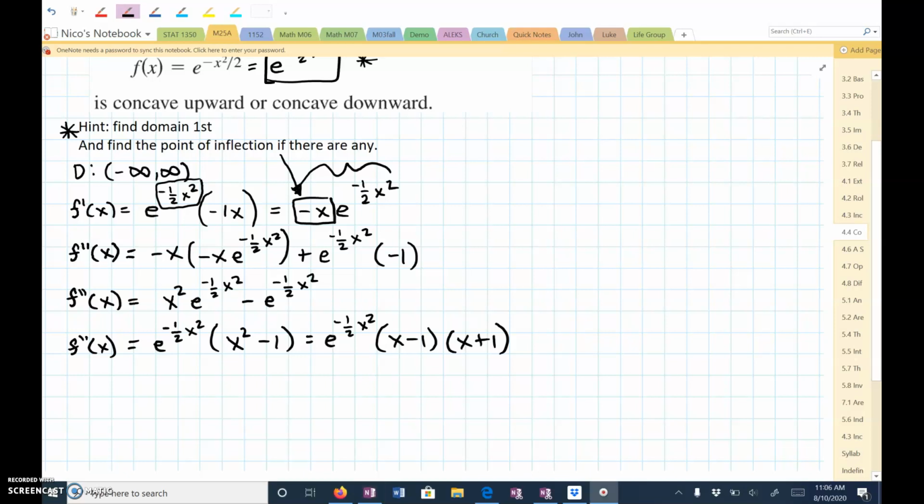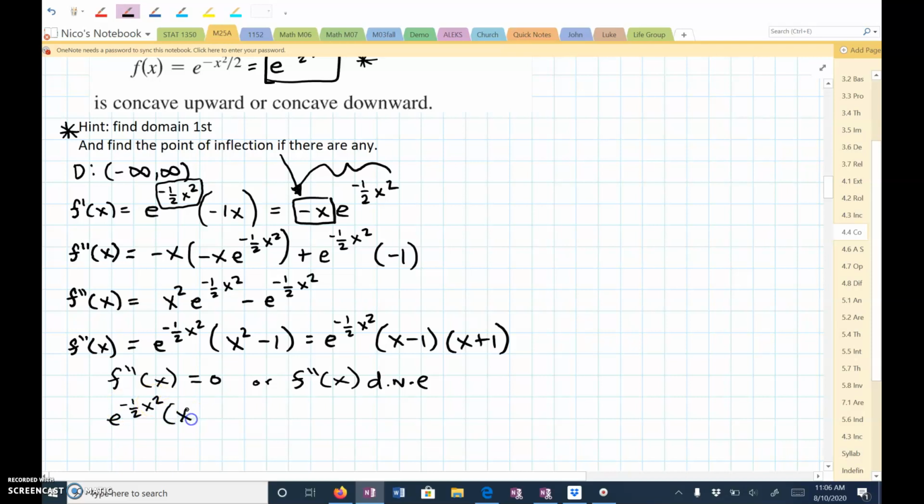Okay, so to figure out the possible points of inflection, they're going to exist where f double prime of x equals 0, all the x values that make that true, or where f double prime does not exist. So first of all, let's take the second derivative and set it equal to 0 and solve for x.